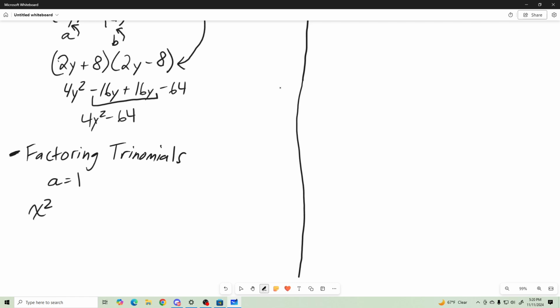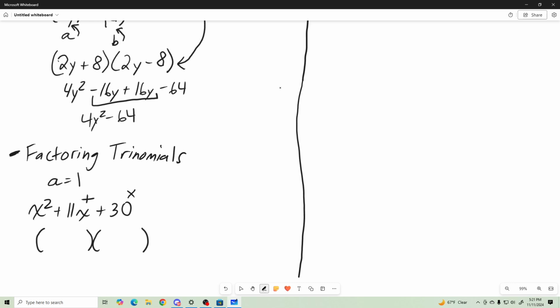So if we have x squared plus 11x plus 30, we are trying to factor this into something that would look like this, right? Where we have two binomials, and really what we have to figure out is what multiplies to get 30 that adds to get 11.